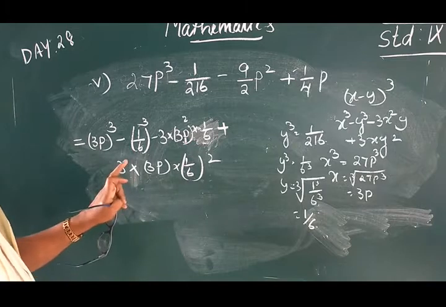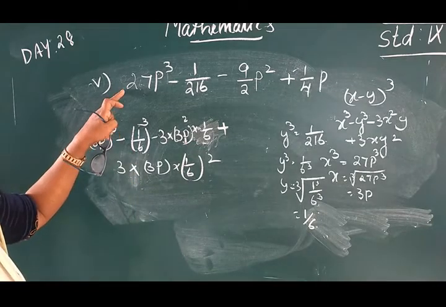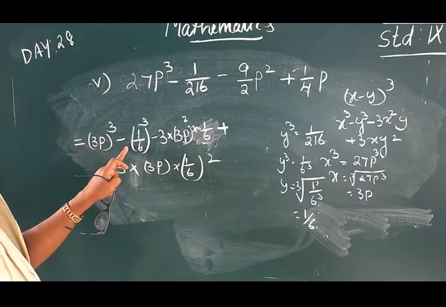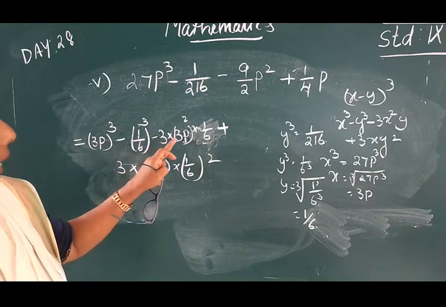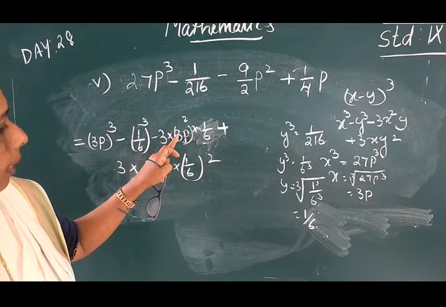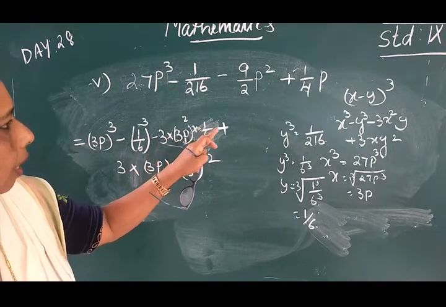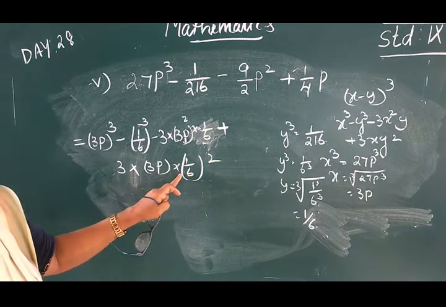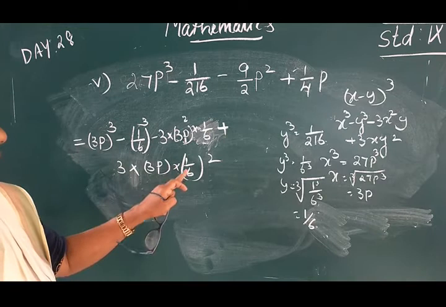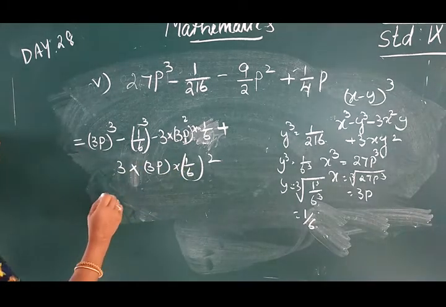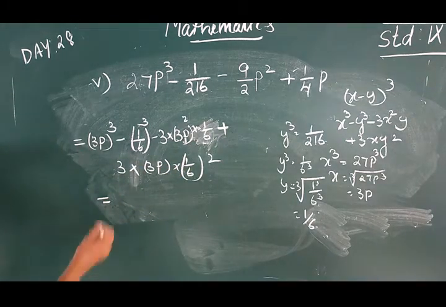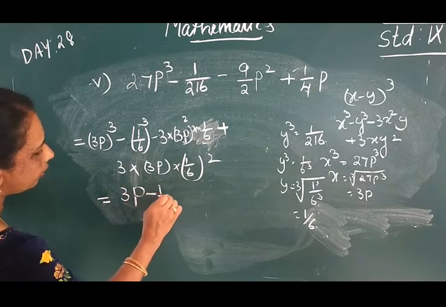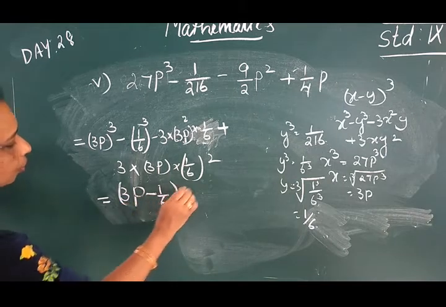This is the expansion of the given expression, that is x cube minus y cube minus 3x square y, with x equal to 3p and y equal to 1 by 6, plus 3x y square, with x equal to 3p and y equal to 1 by 6 the whole square. So we can write it as x minus y the whole cube, that is 3p minus 1 by 6 the whole cube.